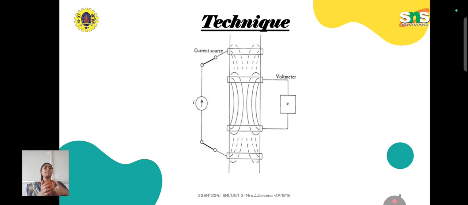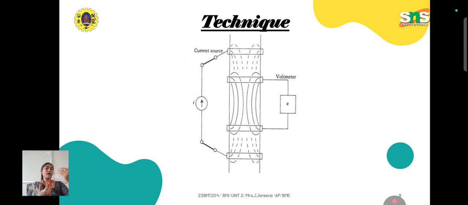Once the constant current flows across the path of the electrodes, you can see some voltage drop. That voltage drop we can measure by means of some kind of voltmeter, in order to measure the potential difference that exists between these two electrodes whenever the constant current crosses.